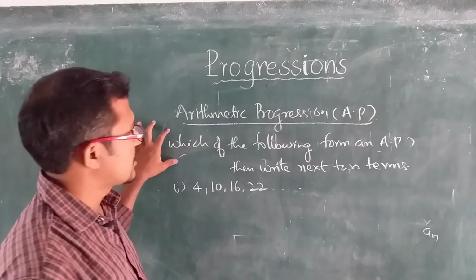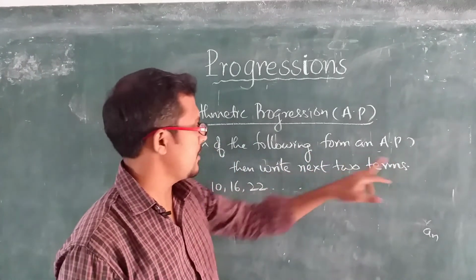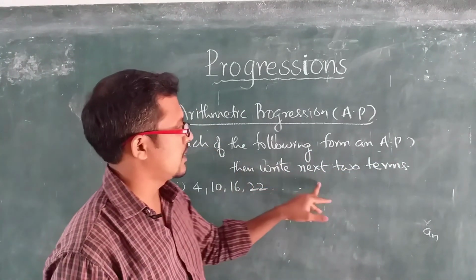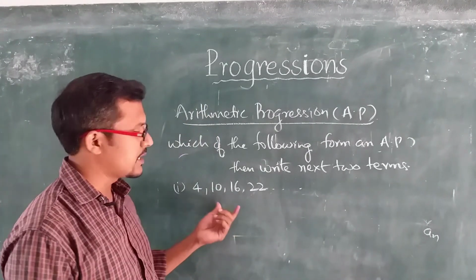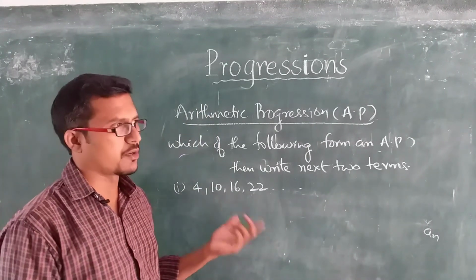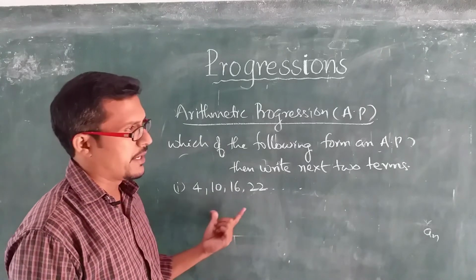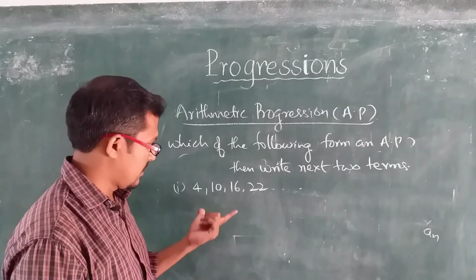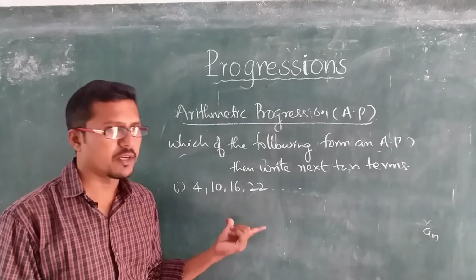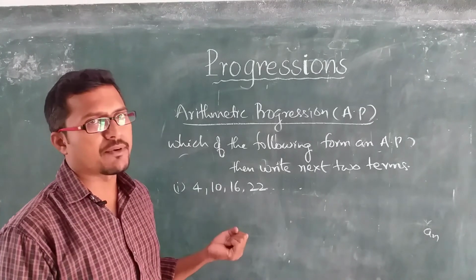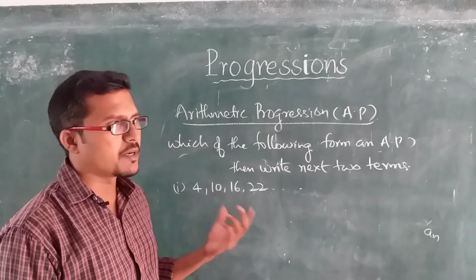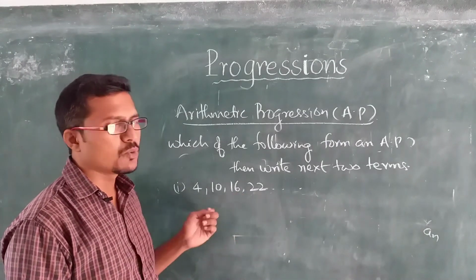Question: which of the following form an AP? Then write the next two terms. This is a progression which is given, and we have to verify whether it is an arithmetic progression or not. To verify this, we have to go for the common difference. The common difference is the same between any two consecutive numbers.